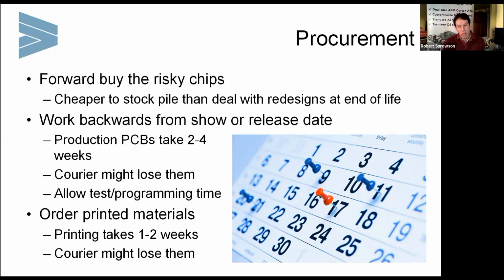And the other aspect of procurement, particularly with weird things like Ethernet NICs, which are going to potentially have quite a long lifespan, so several years of availability, but that use unusual or hard to obtain components, it's often easier just to buy a big box of the hard to obtain components and stick them in the cupboard.